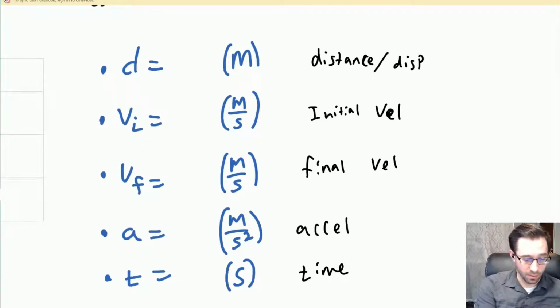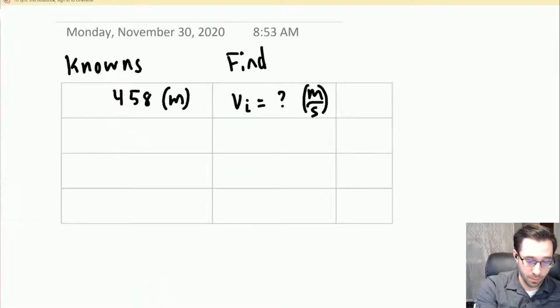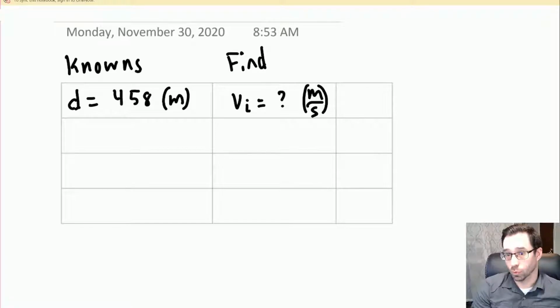So yes, the unit of meters goes with displacement. Okay, so this would be the displacement given in the problem. Cool.